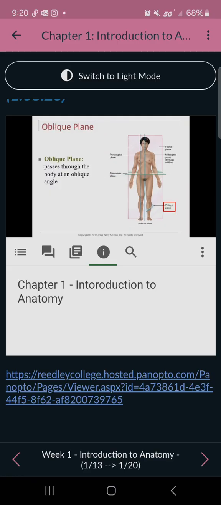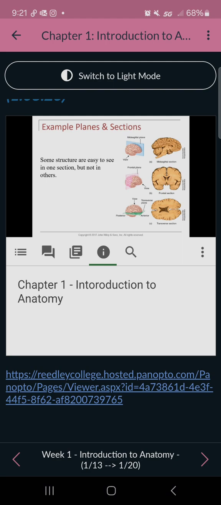Finally, the last one is the oblique plane. Oblique means that it passes through the body at an oblique angle. Just like this figure here, you can see how it has an oblique cut. So this is called an oblique plane.